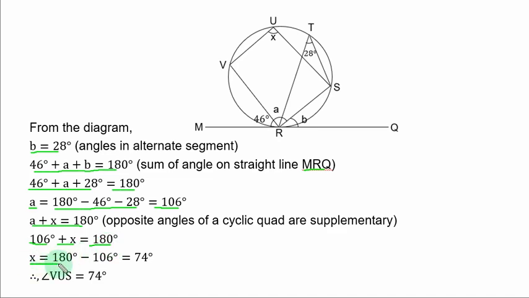S becomes 180 degrees minus 106 degrees, and that is 74 degrees. You are asked to find VUS, which will be represented by S. So therefore, angle VUS is equal to 74 degrees.